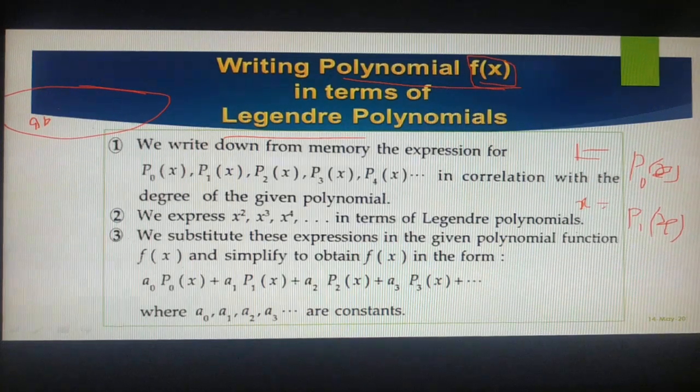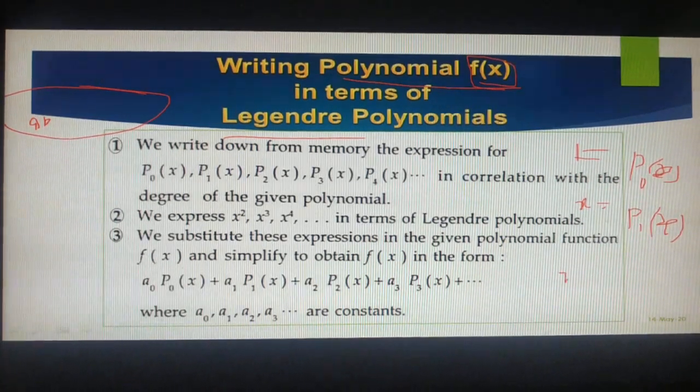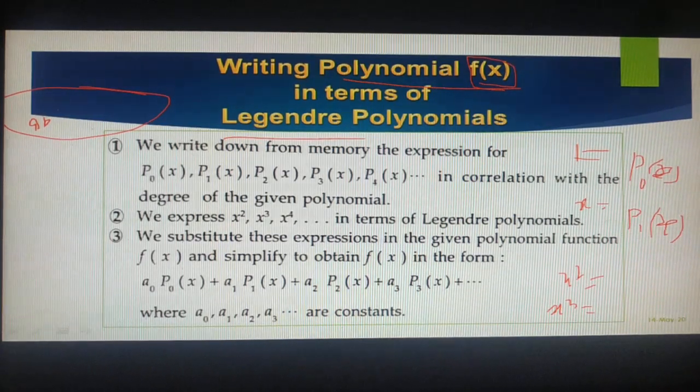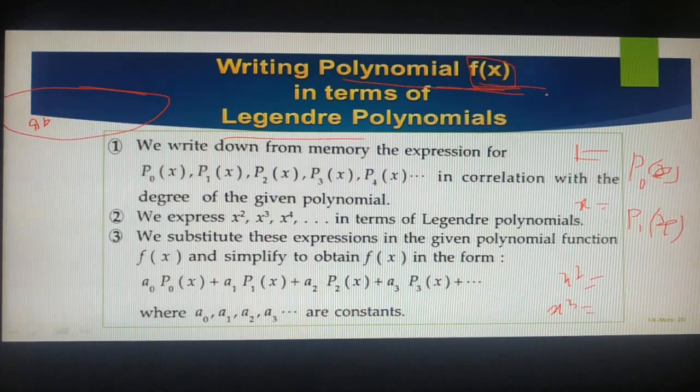Similarly, if you are able to write x square and x cube in terms of Legendre's polynomials, then I can substitute all these values in our regular polynomial of x, which is of the form maybe ax cube plus bx square plus cx plus d.